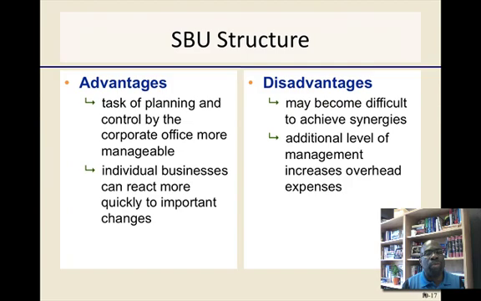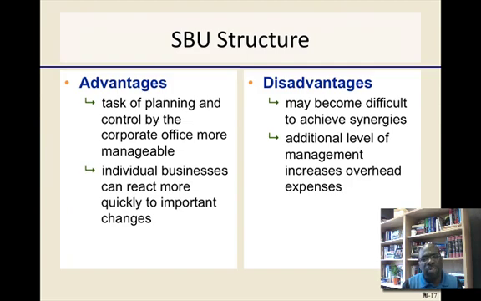The advantages of the strategic business unit structure is planning and control is done by the corporate office and makes it more manageable. At the same time, individual business units, although they are autonomous, can react more quickly to important changes. And so because they are autonomous, they can do things on their own without relying very much on the top management or the corporate office.